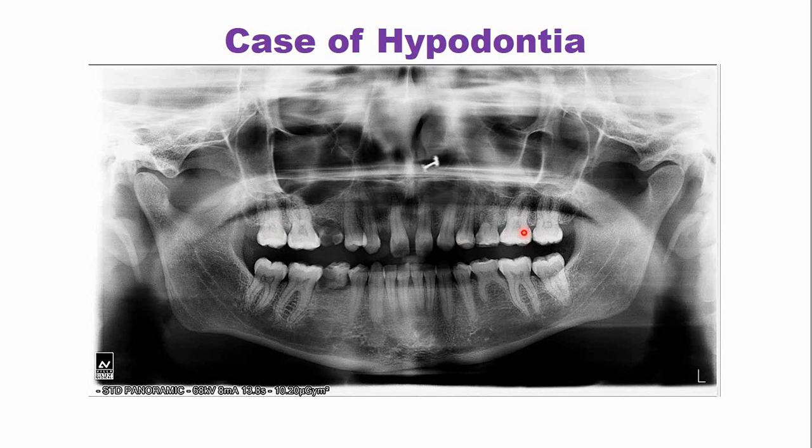Similarly, this is the permanent first molar and the second molar, and the third molars are also missing. So in the maxillary arch again, the lateral incisors are missing, the second premolars are missing, and instead of that there are retained deciduous second molars, and the third molars are also missing.